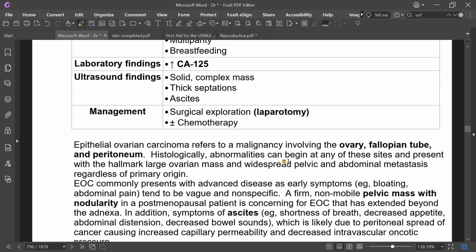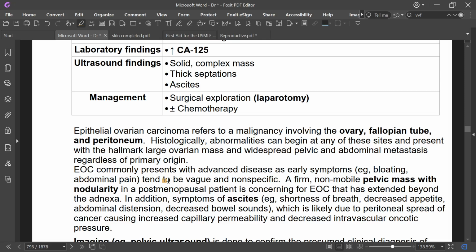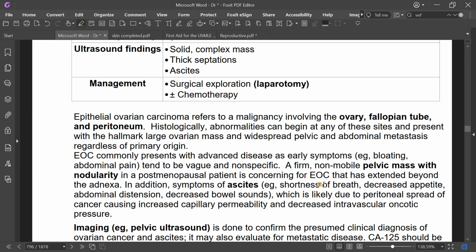Histologically, abnormalities can be present at any of these sites, presenting with a hallmark of a large ovarian mass and widespread pelvic and abdominal metastasis regardless of primary origin. A firm, non-mobile pelvic mass with nodularity in a postmenopausal patient is concerning for epithelial ovarian carcinoma.